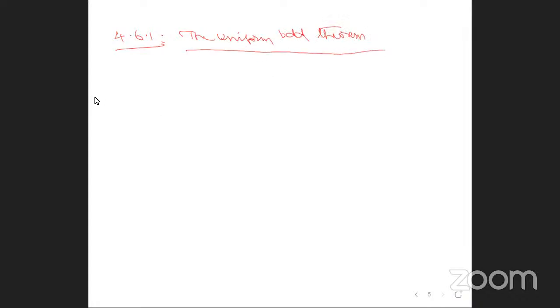Statement: Let B be a Banach space and N a normed linear space.